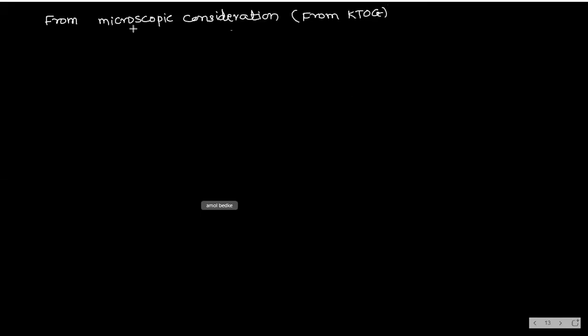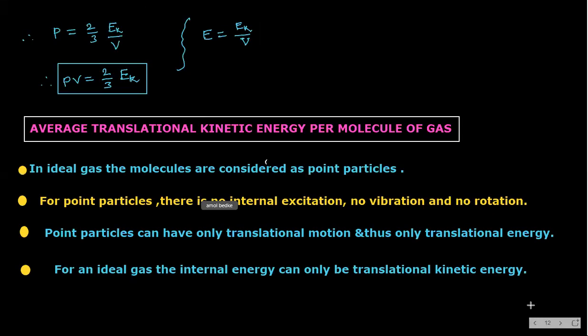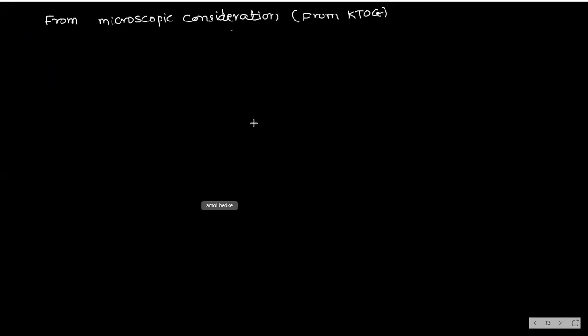From microscopic consideration, that is from kinetic theory of gases, because this one you can see, average translational kinetic energy per molecule of gas. That is what we have to find. Yes. So see, from microscopic consideration, we got P is equal to 1 by 3 Nm by V into Vrms square.